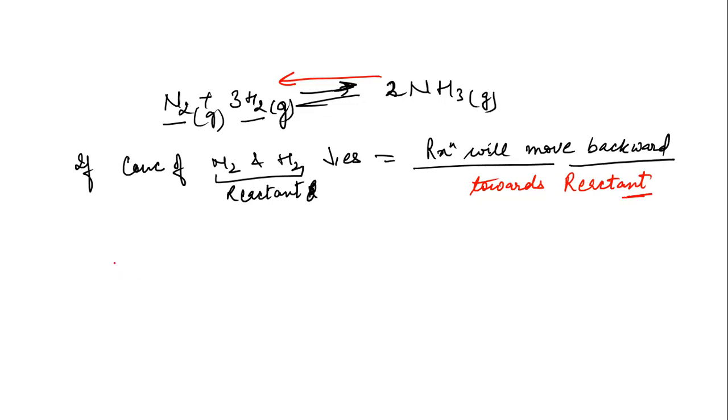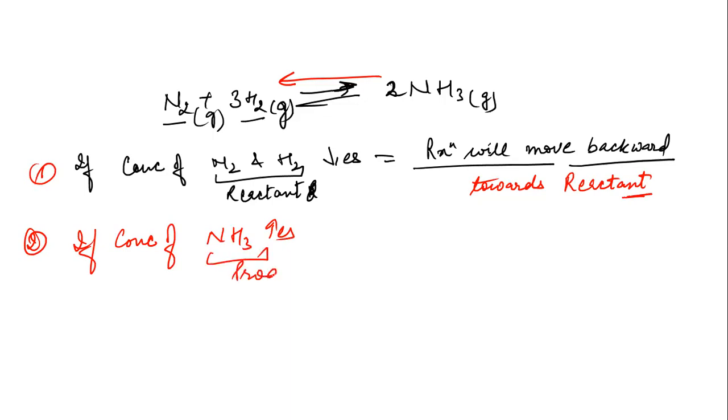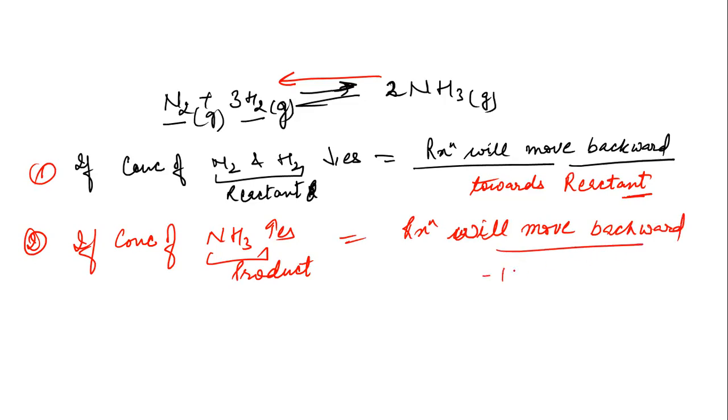Okay, and second point, if the concentration of NH3 increases, that is, the product increases, then the reaction will again move backward, toward the reactant.